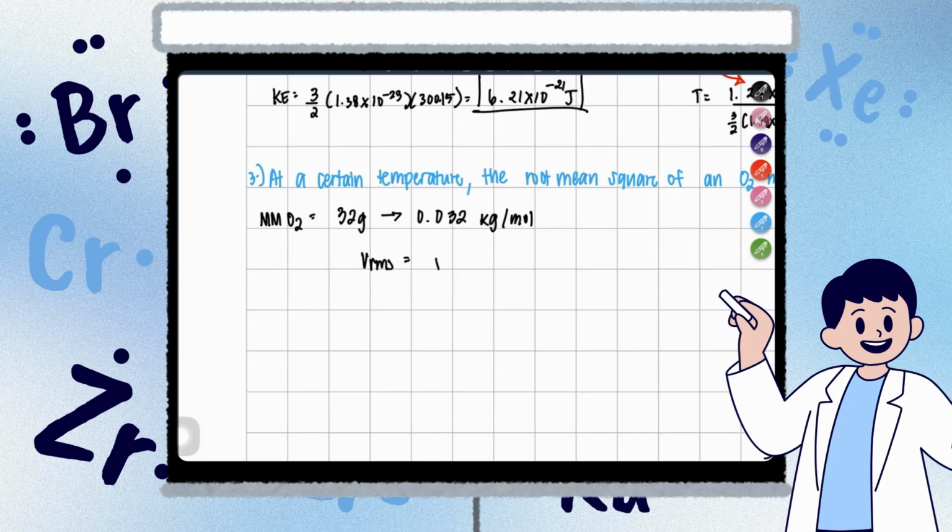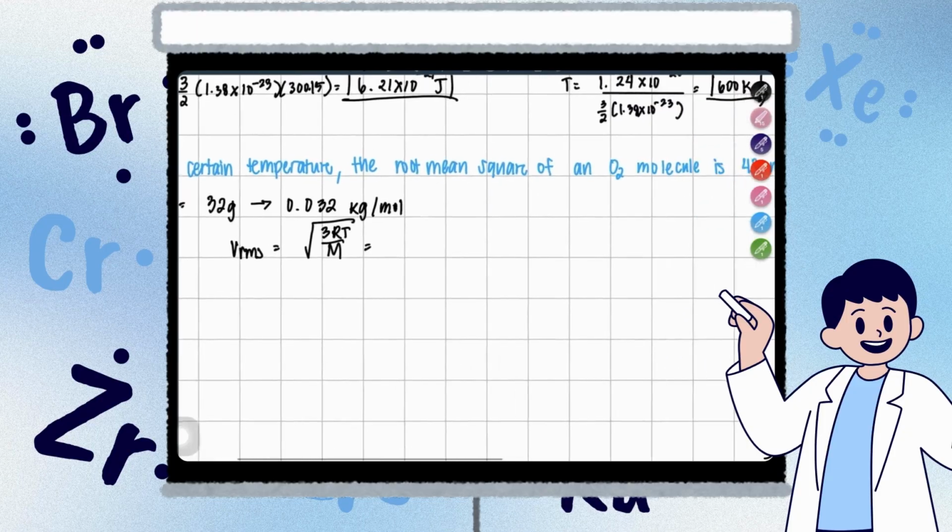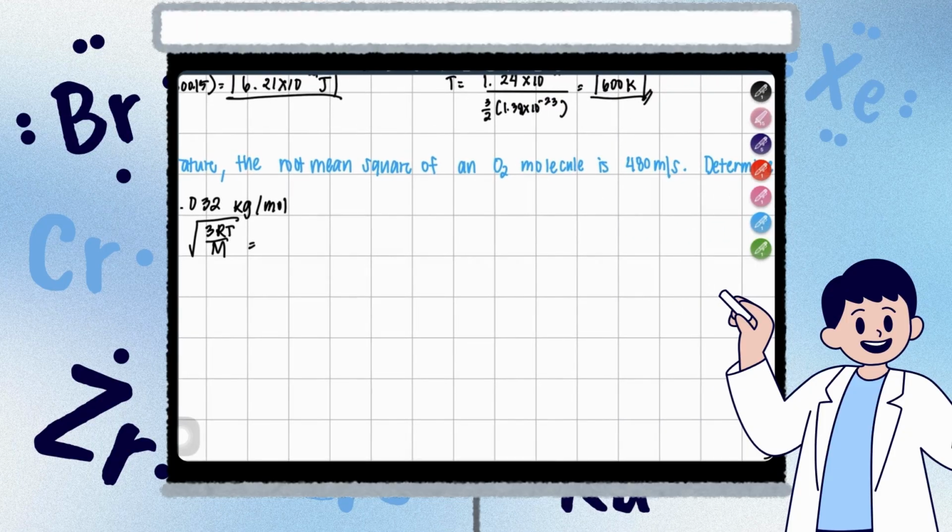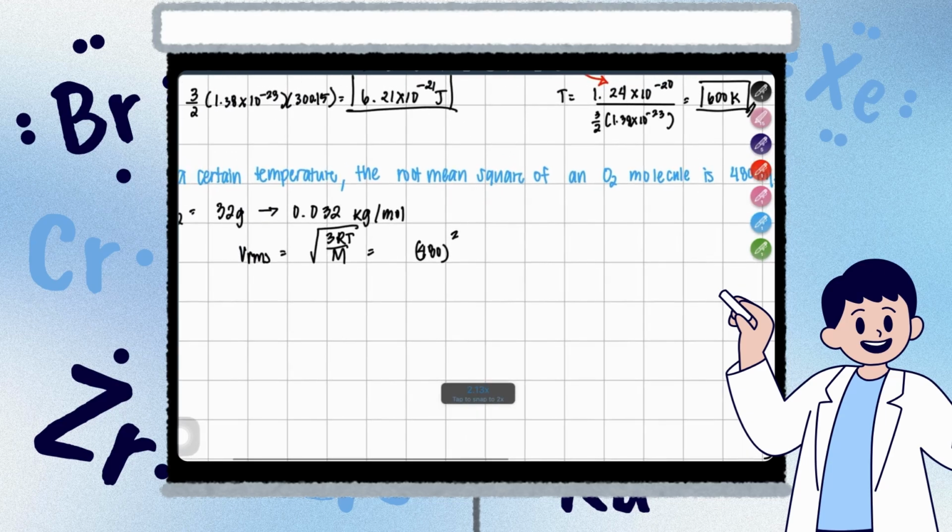Next, VRMS equals the square root of 3RT all over M. So our root mean square speed is 480. Then you have to square it, or raise it to 2, to remove the square root in the formula.